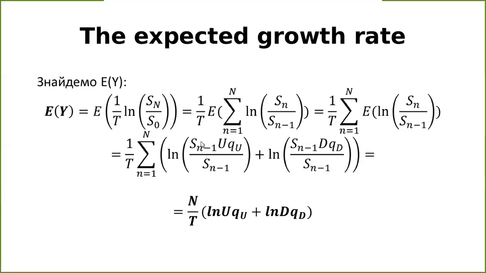So you see that S_{n-1} cancels, and we have ln u q_u plus ln d q_d, and it is for every term, but the number of terms is n, so we should multiply it by n.